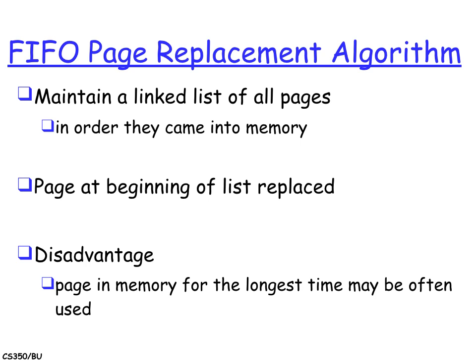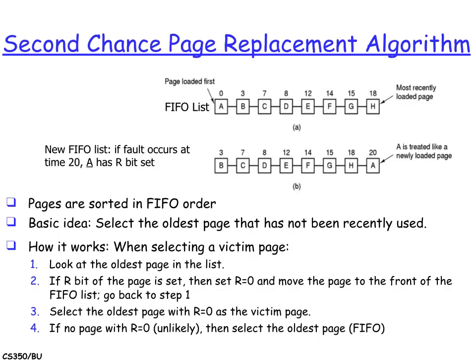So if you're kicking out a page and it's being used often by the software or the process, it may be a wrong victim page to select, because as soon as the page is kicked out, it will be accessed again and it will have to be brought back into the main memory. This would defeat our goal of reducing the number of page faults. The subsequent algorithm that we will discuss tries to improve upon first in, first out. In fact, the improvement is really simple.